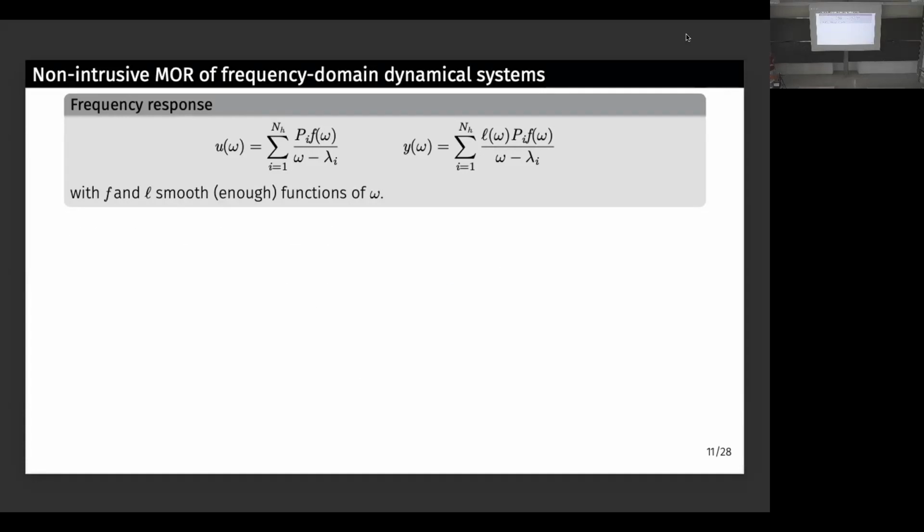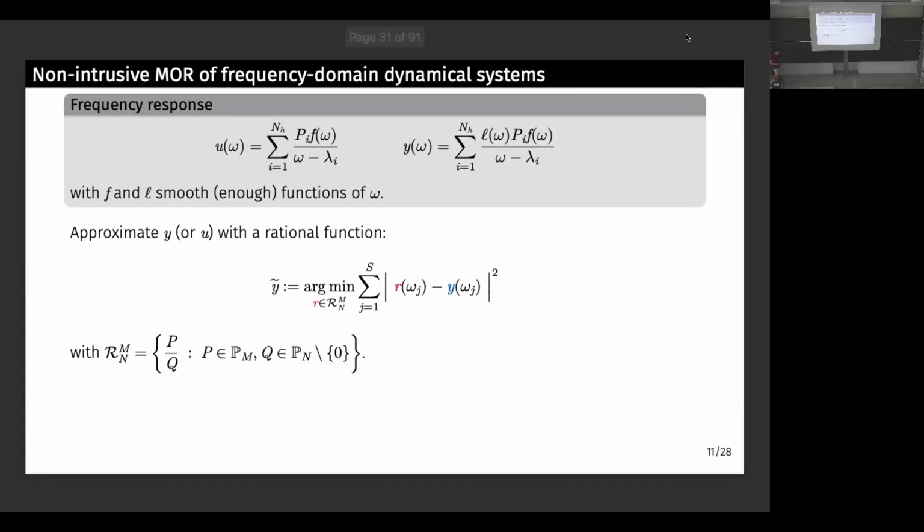And this justified in the electrical engineering community in the 90s, the effort of trying to find a rational approximation of the quantities u or y, mostly y in the electrical engineering community because of this non-intrusive business carried out by measurements as opposed to simulations.